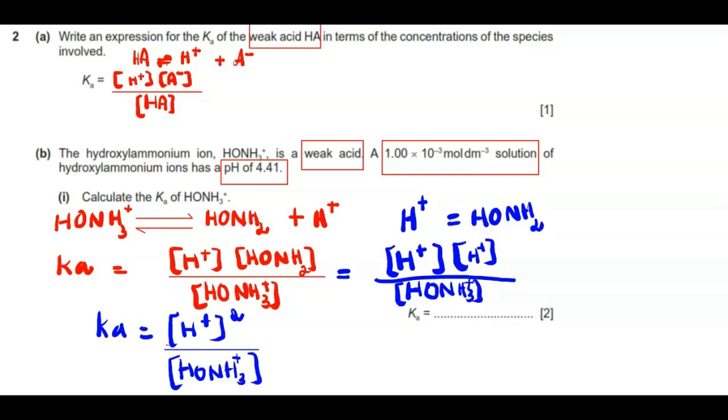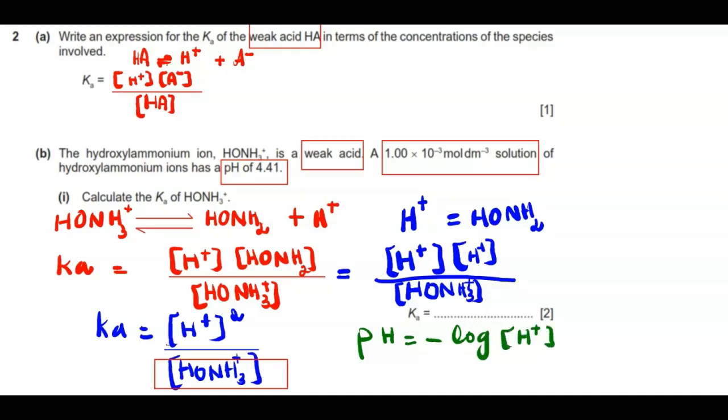Now you need to put in the hydrogen ion concentration. You already have the HONH3 plus concentration, which is given as 1.0 into 10 raised to power minus 3 mole per dm cube. But you need to calculate the hydrogen ion concentration. Very simple, you are provided with pH. As you know, pH is equal to negative log of hydrogen ion concentration, right?